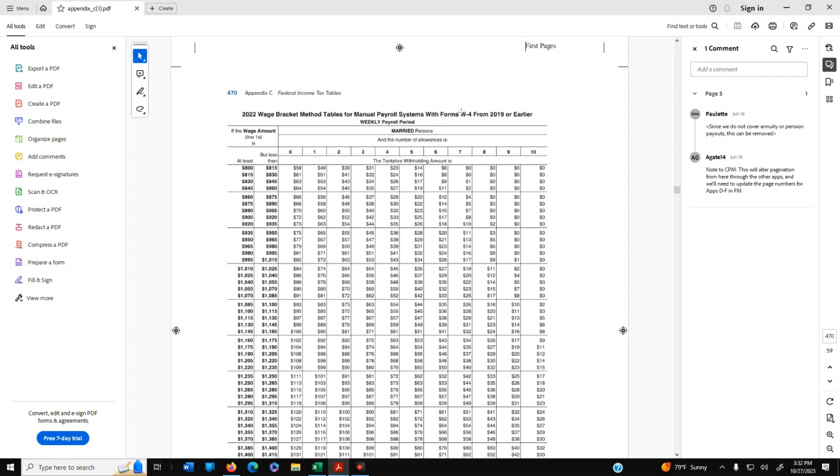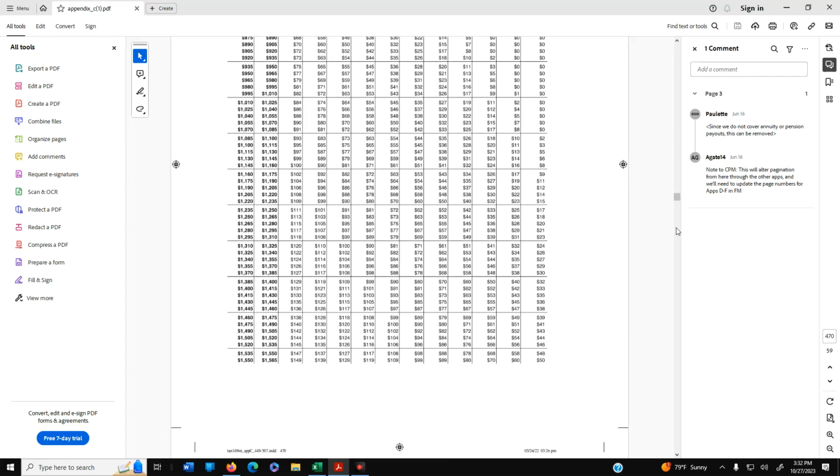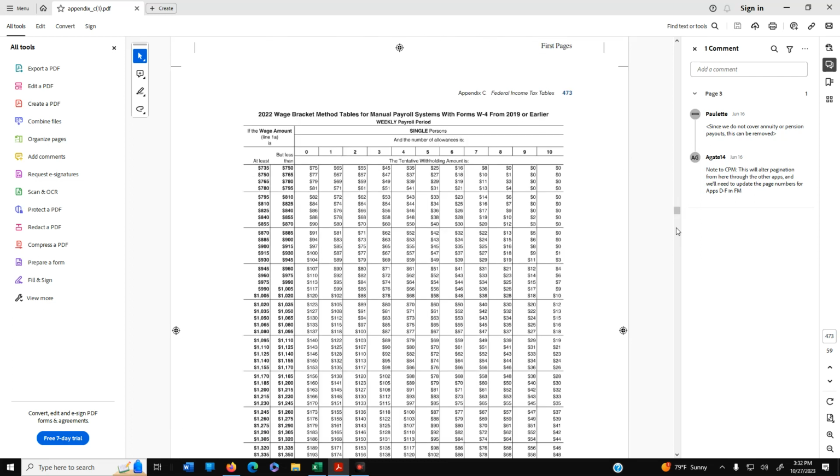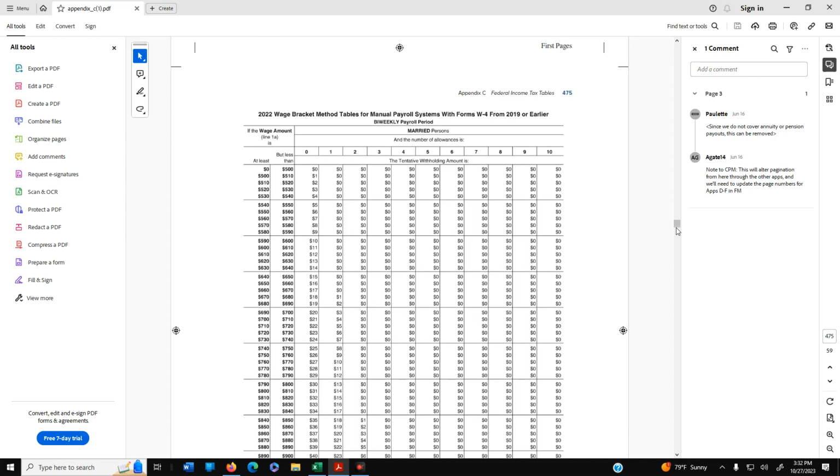But for 2019 or earlier, and there are still some employees that are on that, we would go to the appropriate table, which would be either weekly, bi-weekly, semi-monthly, or monthly, and you would have one for married and one for single.